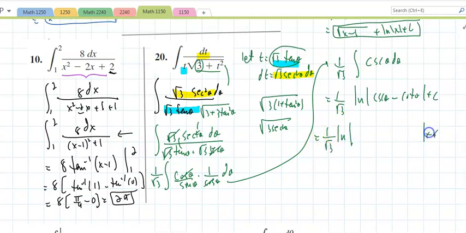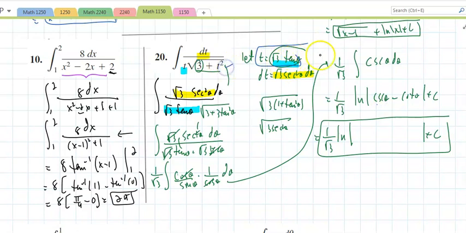And I have to go back to theta. I can't leave my answer in theta. I mean, I have to go back to x, in this case t, and there's the connection. If you draw the triangle, you're saying t over radical 3 equals tan of theta, and that is the opposite over the adjacent.